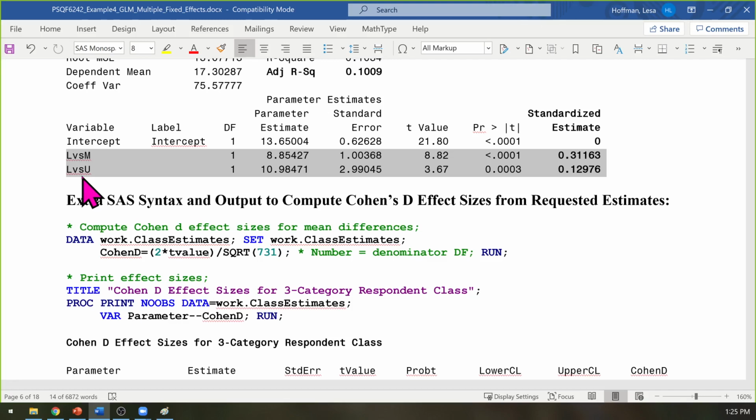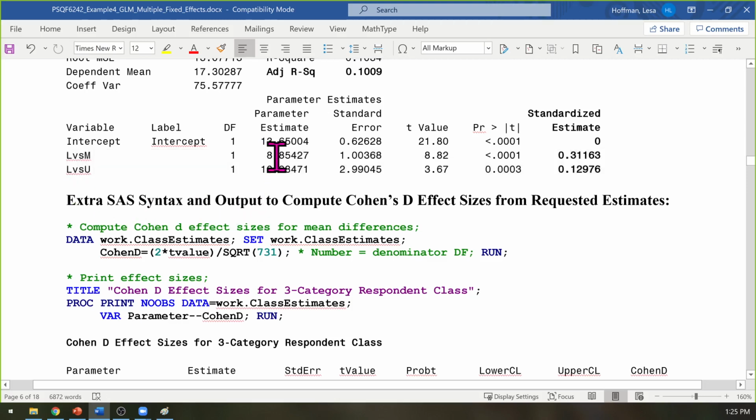In this context, the one group is the middle group for the first slope. So the middle group is higher by 8.8 than the low group as the reference. Likewise, the U upper group is the one group in this comparison, and the upper group is 11 higher than the low group as the reference.